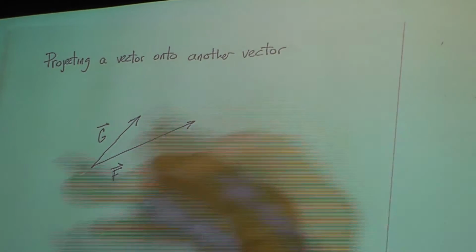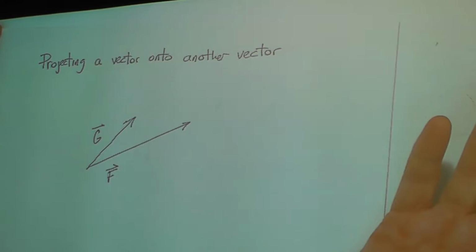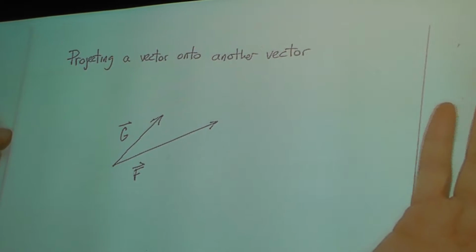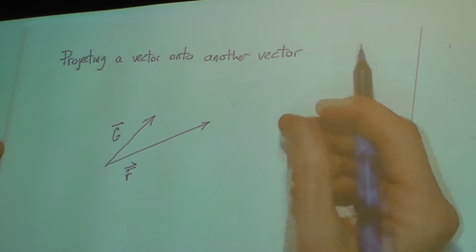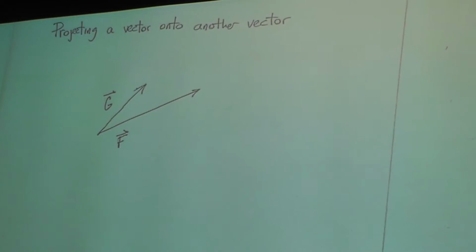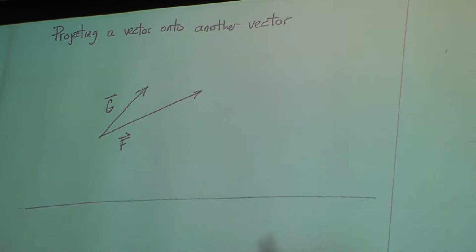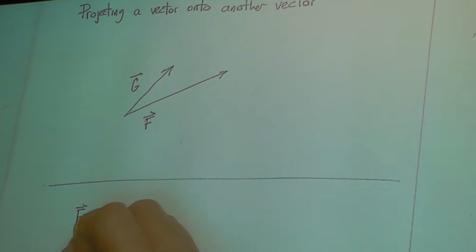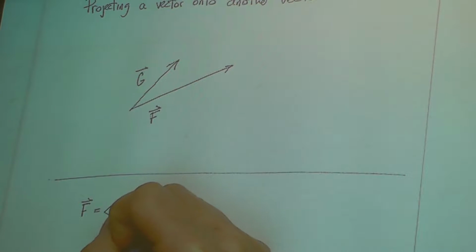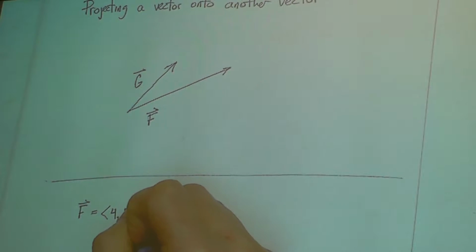Do you guys do that in your engineering classes? You have to have done stuff like this. Let me show you the way in which you might have seen this. You have a force vector. Say that force vector looks like this.